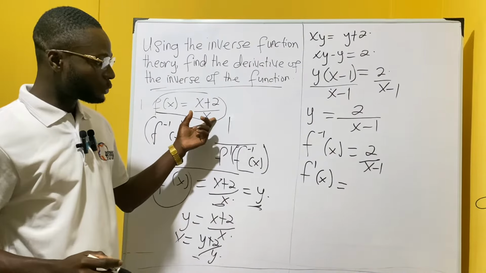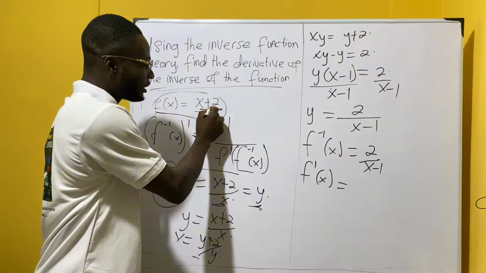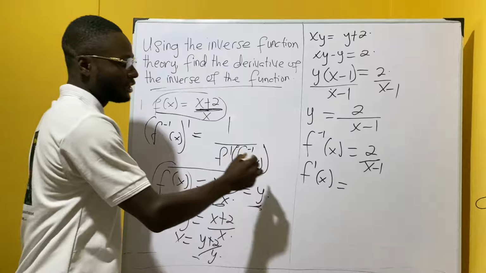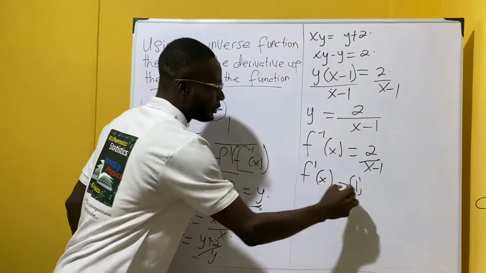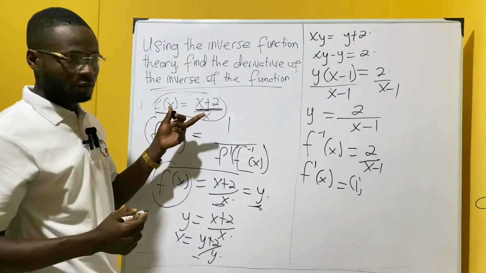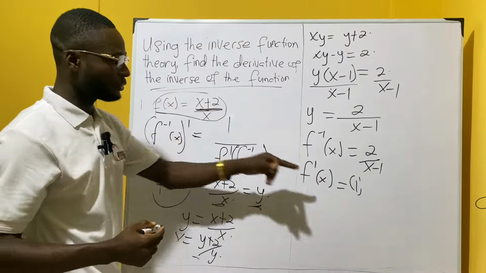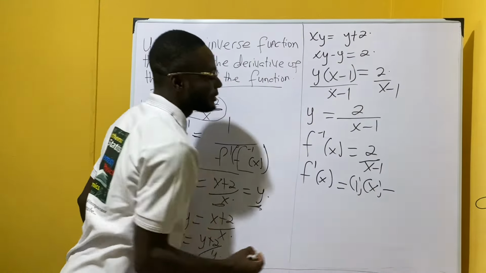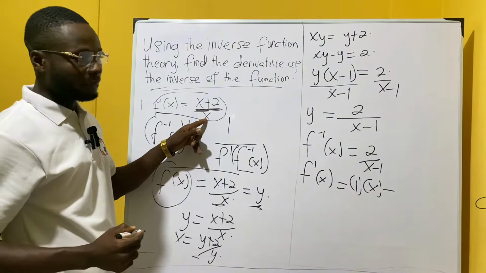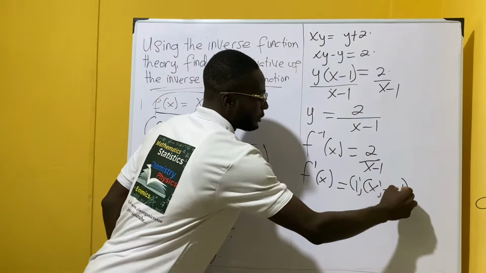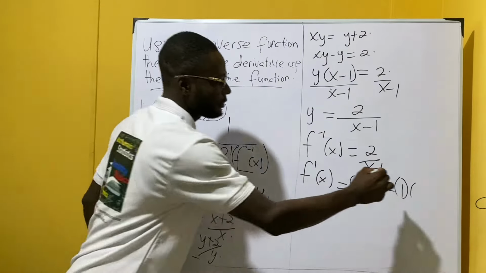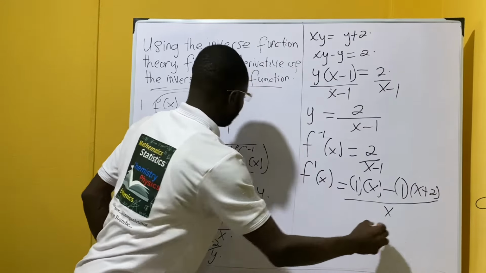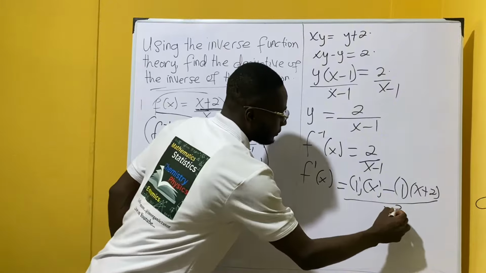The quotient rule says that we differentiate the first term, which is the numerator. The derivative of x is 1, and the derivative of 2 is 0, so we have 1, times the second term, minus the derivative of the second term, which is 1, times the first term, all over the square of the second term.